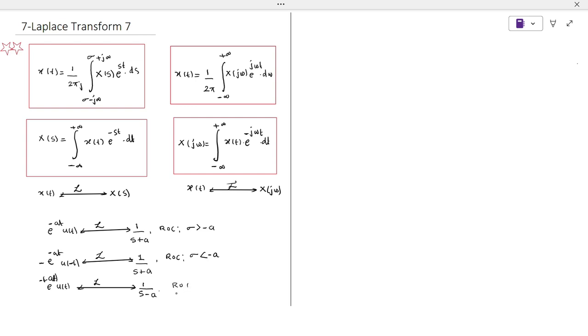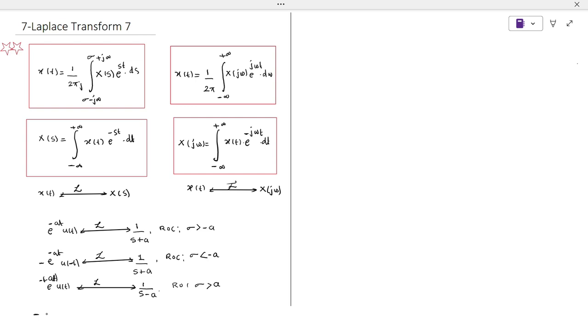Its region of convergence depends on the type of the signal, whether it is right sided or left sided. This is right sided, so sigma is always greater than a.